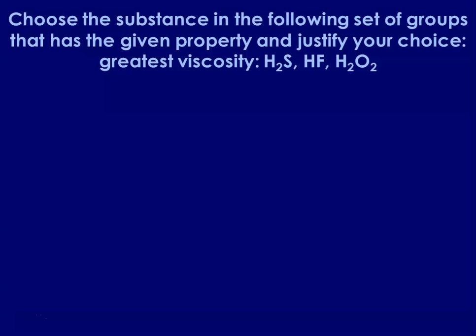H2O2 is also going to be polar, but it's going to have 2 places for hydrogen bonds to occur. The oxygens get bonded to one another, and each oxygen is bonded to a hydrogen. So because there are 2 locations for hydrogen bonding as opposed to 1 with HF, the one with the greatest viscosity would be H2O2, and the one with the weakest viscosity would be H2S.